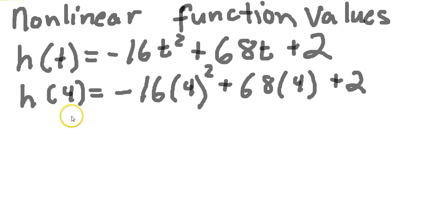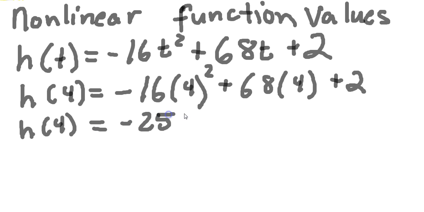So now let's just plug and chug and solve this. So again, we have h of 4, that left side doesn't change. And we have -16 times 4 squared. So we have -16 times 16. So that gives us -256 plus 68 times 4. 68 times 4 is 272 plus that 2 that's just hanging out there on the end.